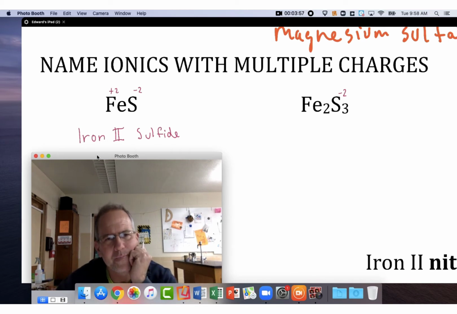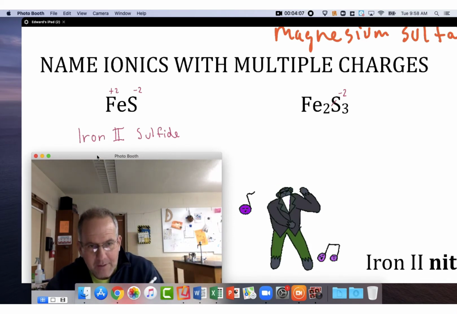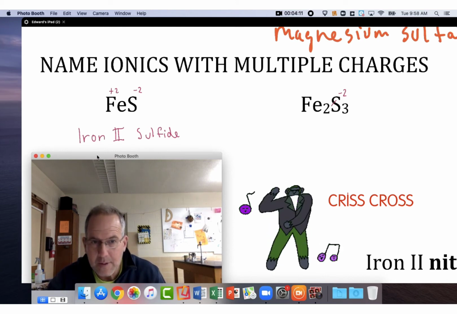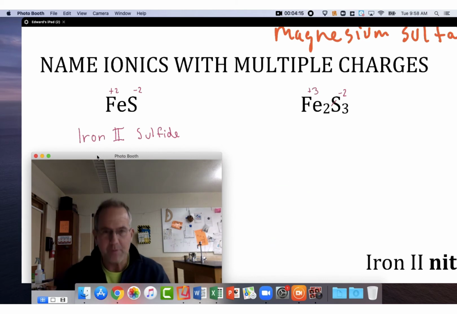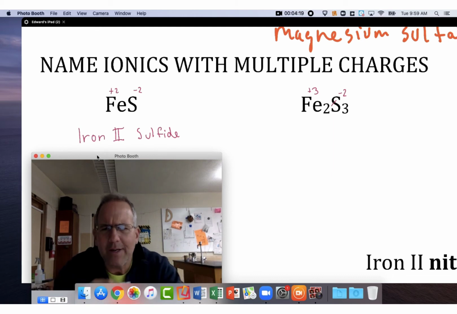Now do you see it? Remember the crisscross? Right? So we brought that 2 down, and that 3 had to be brought down too. So what that means is this must be plus 3, because it's 2 and 3, right? So we just did the reverse crisscross, right? I don't know if that's really a thing, but that's just what we just did.